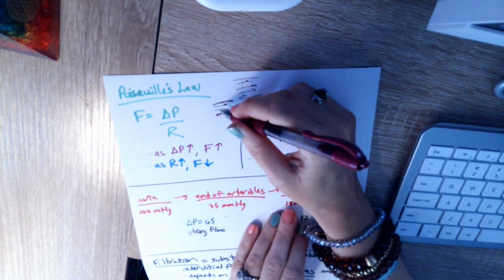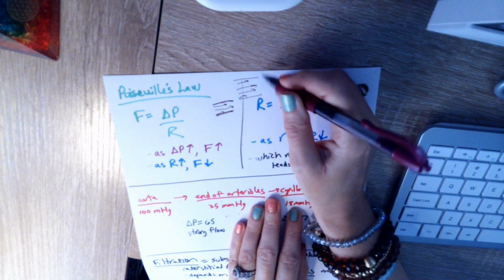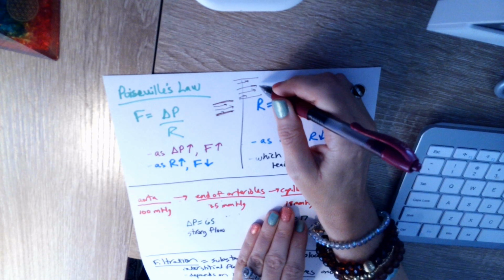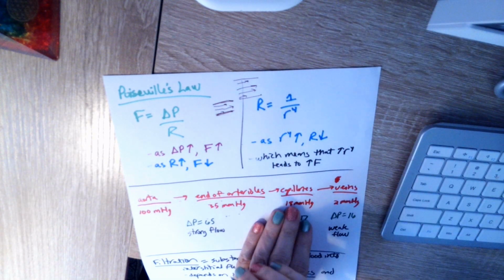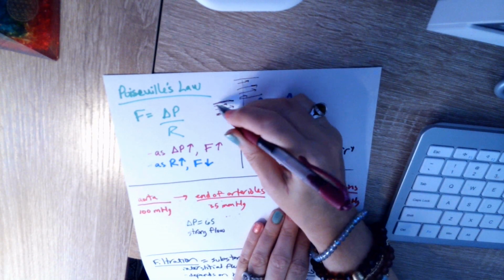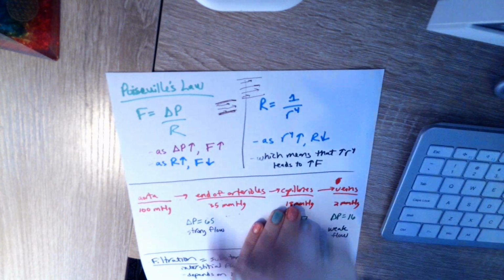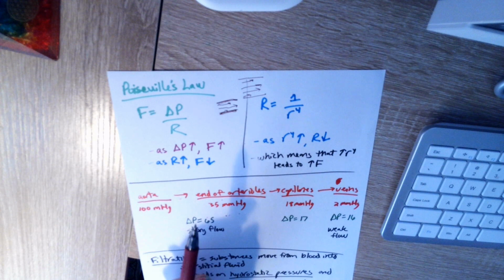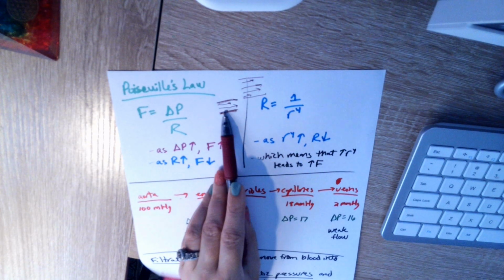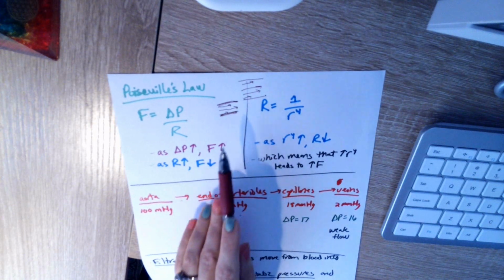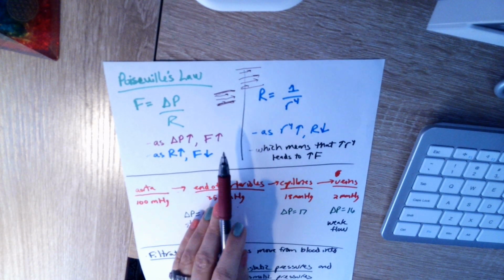Also, the shorter the vessel, if you have a really big, wide, but short vessel, not a lot of chance to get friction. If you have a really narrow, long vessel, lots and lots of chances to get friction, so it would have a higher resistance. Just picture a big crowd of people walking down a hallway, where the hallway represents the blood vessel and the people represent the blood.